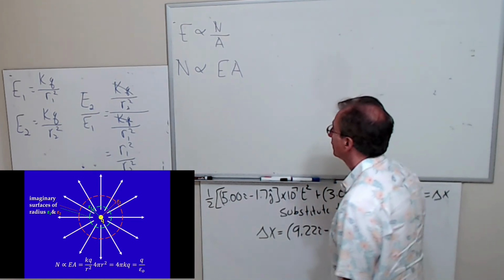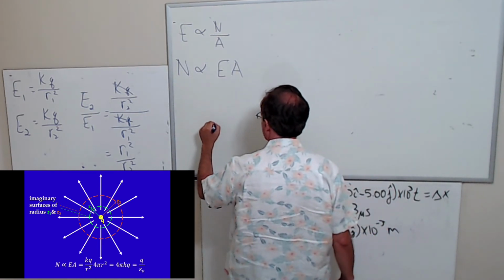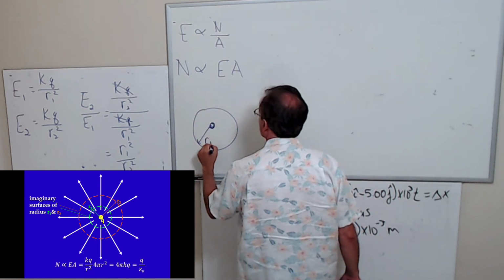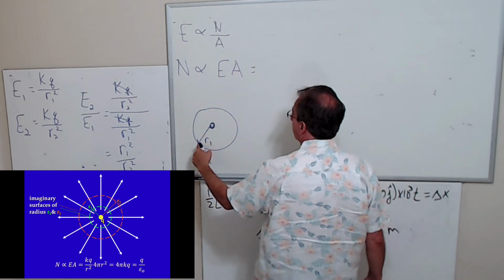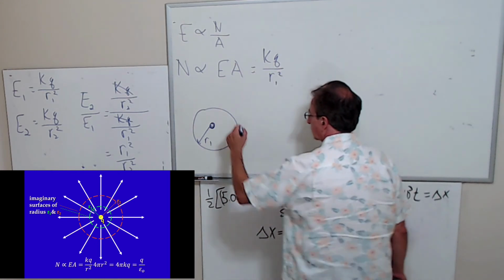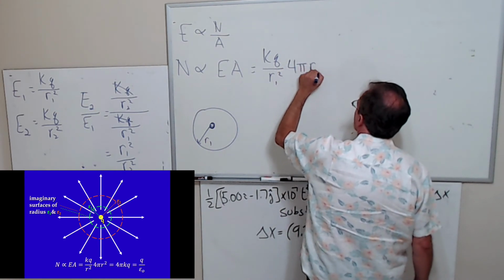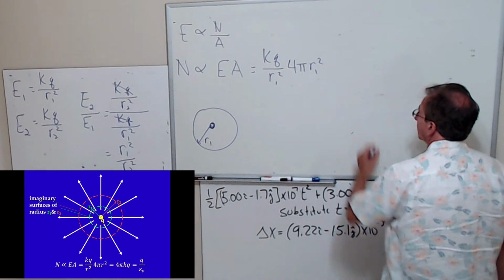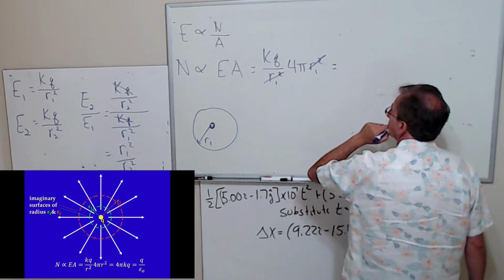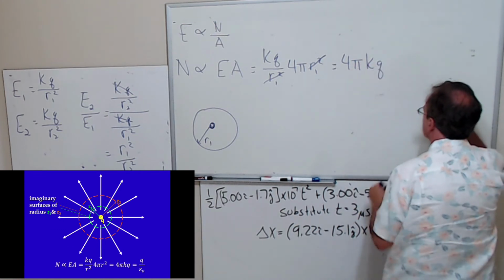All right. Well, I know the electric field at R1, let's look at the green sphere, is going to be KQ over R1 squared. And the surface area of that sphere is that. And what happens? The R1s cancel. I get 4 pi KQ.